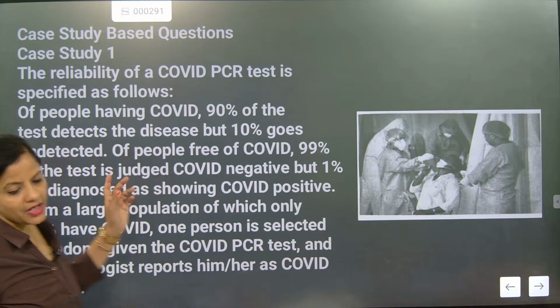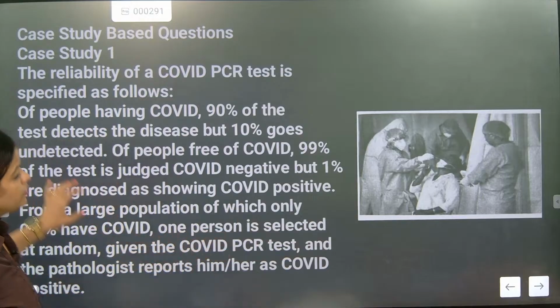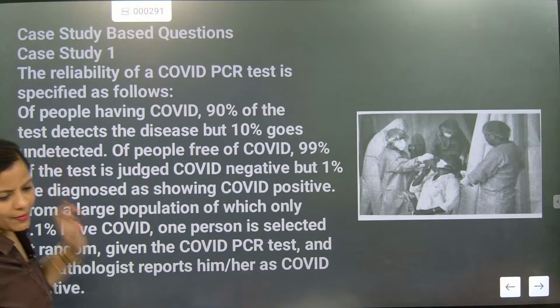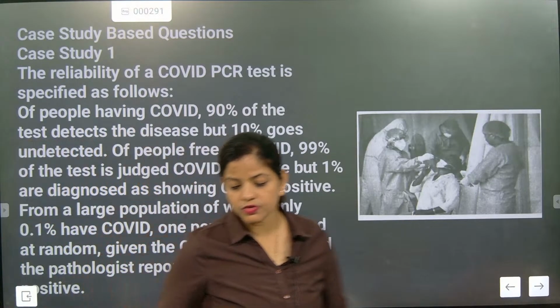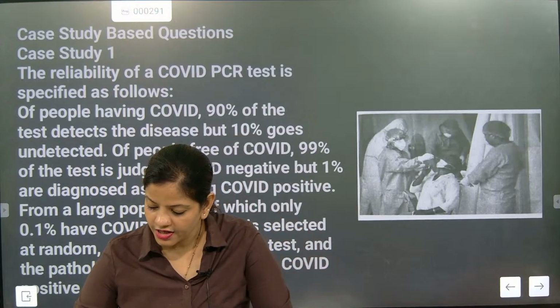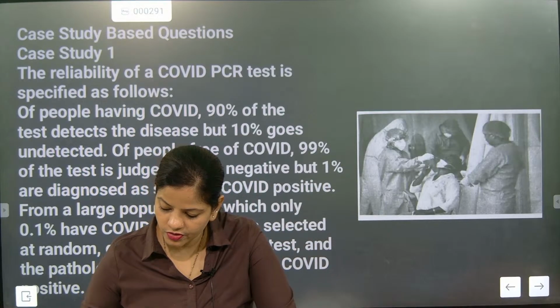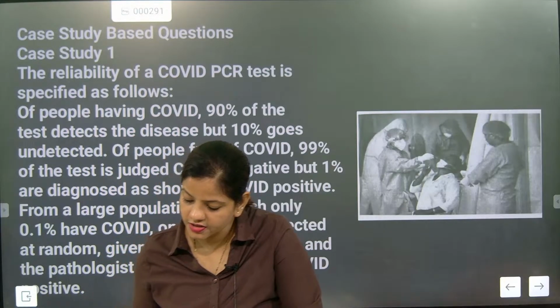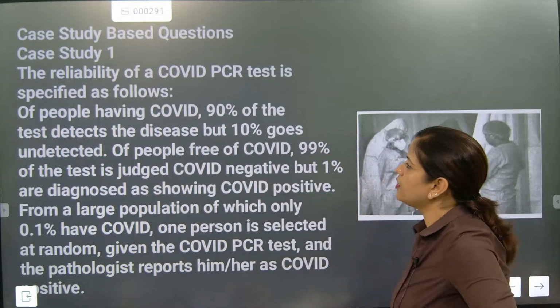When somebody asks about case studies, how you are going to encounter the case studies of the probability chapter and how you are going to solve their questions, let's check this one out. So now we are going to start our work with case studies.